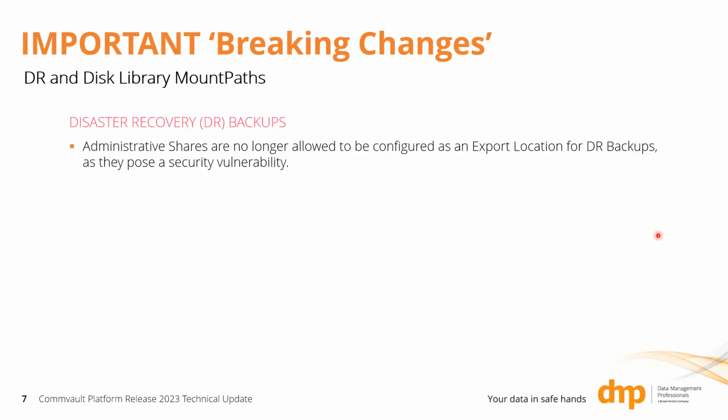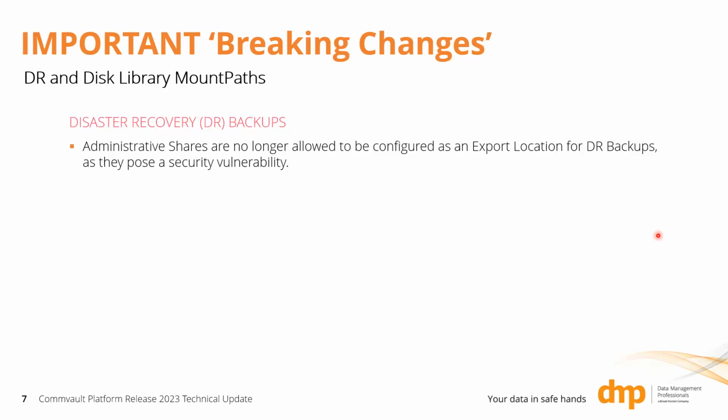I don't have any details yet, because we also believe that administrator shares, that is something we can understand, like the C dollar, the D dollar for example, for the Windows operating system, that could be a security vulnerability. But the regular hidden shares, normally you don't want to expose all the shares into your internal network so they're browsable. That should still be something that could be used, for example, for disaster recovery backups.